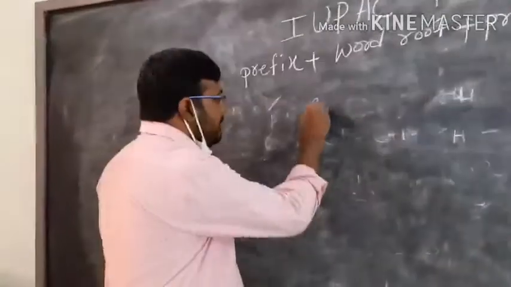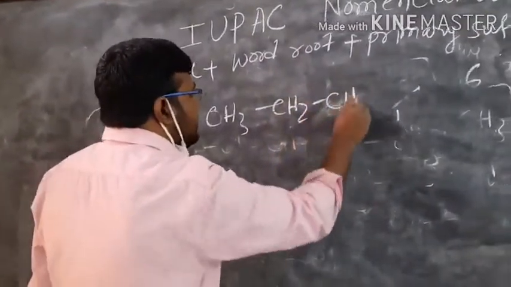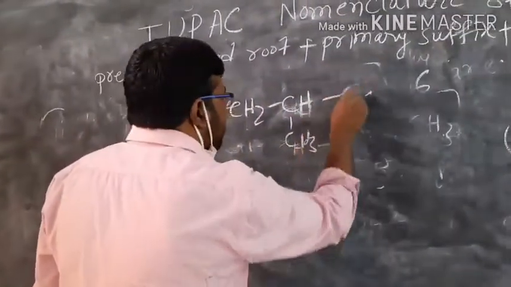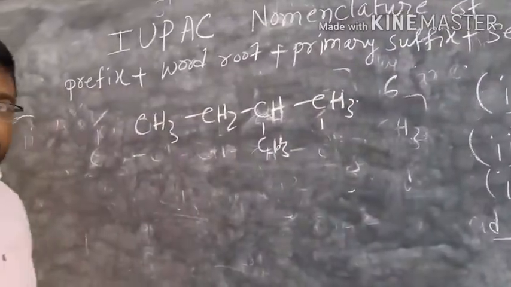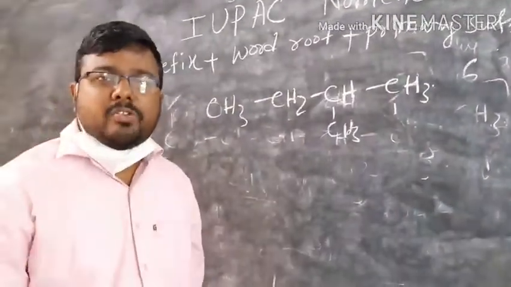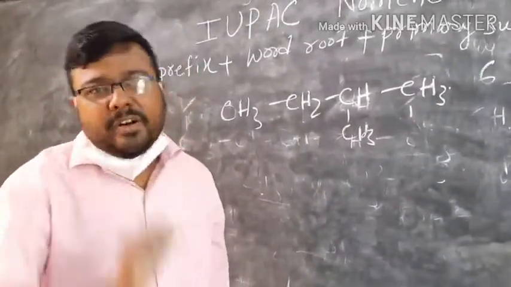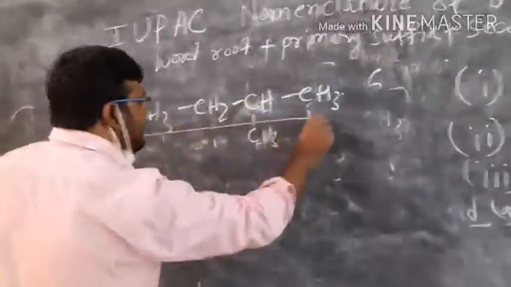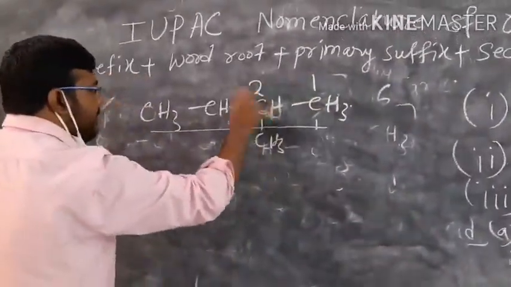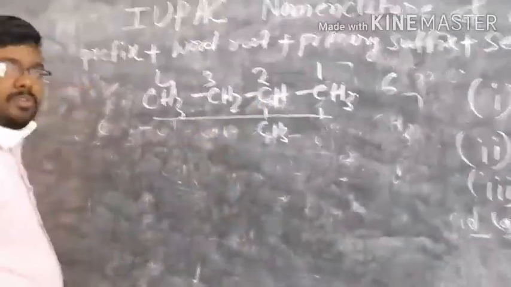So let us take an example here. CH3, CH2, CH, CH3, CH3. We are discussing today the general IUPAC rules for naming of saturated hydrocarbons. First of all, I am taking this as the parent chain. Numbering should be done from this side so that we get the methyl at the lowest position, 2.